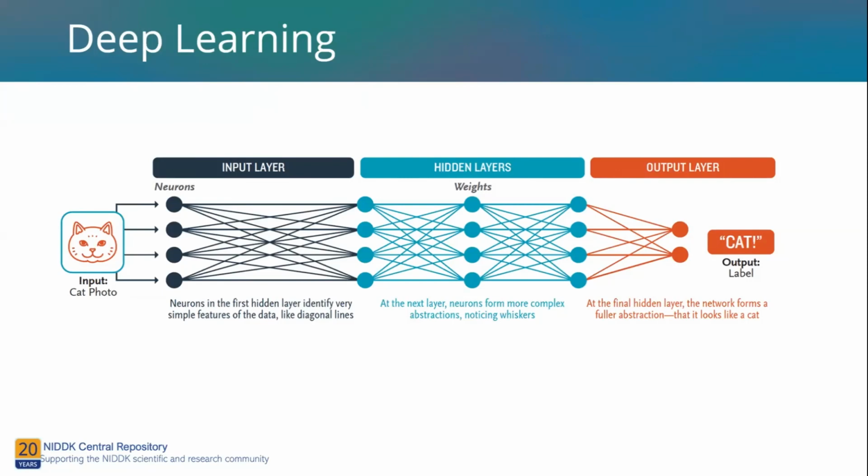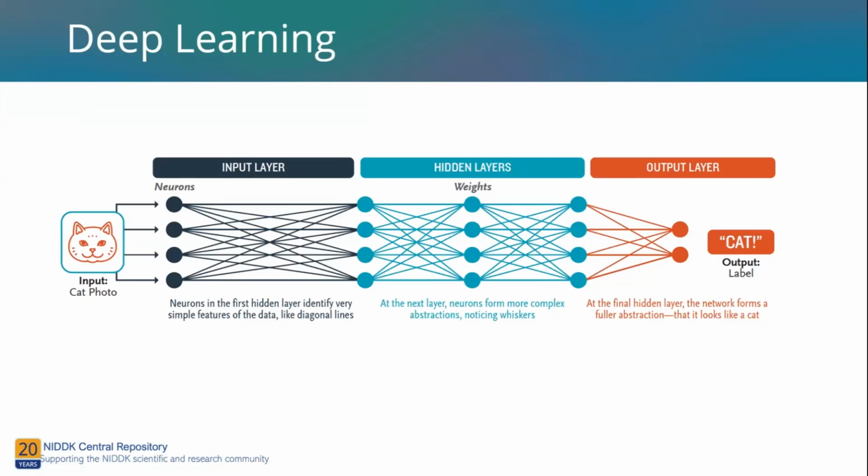The algorithmic architecture is loosely based on the way that neurons in the brain work. Everybody loves to throw these graphs up, but essentially this is to give you an intuition of what's going on behind the scenes.